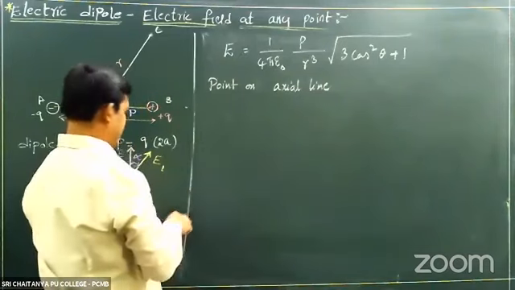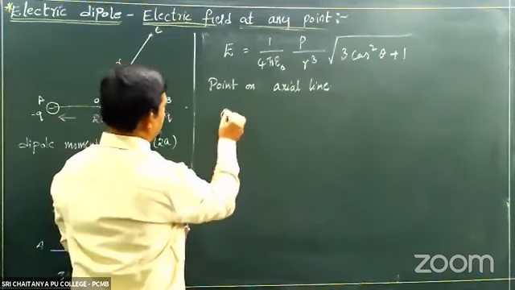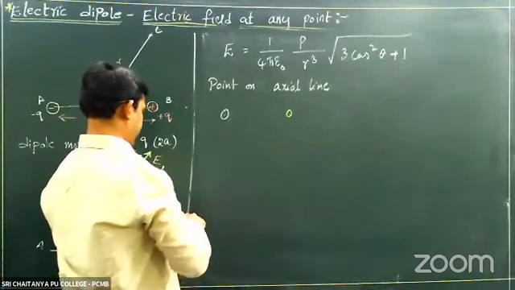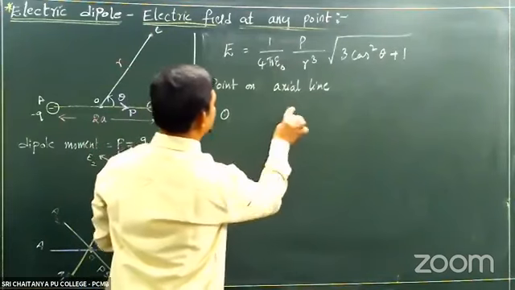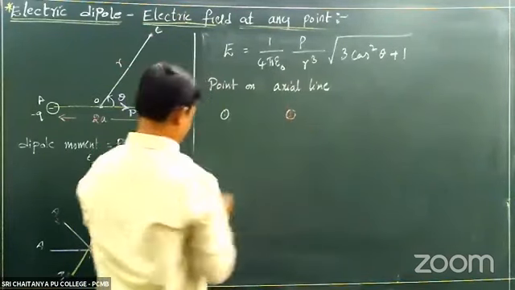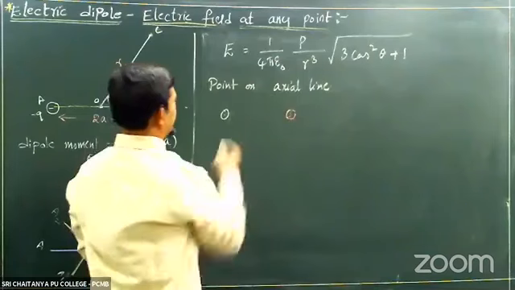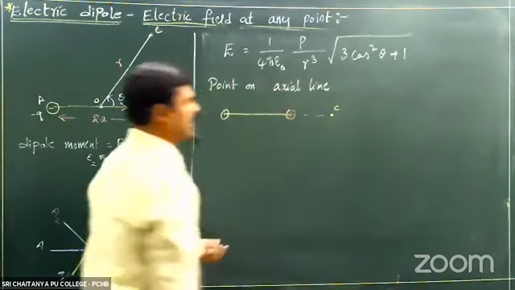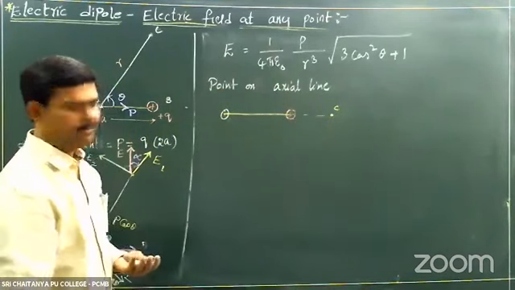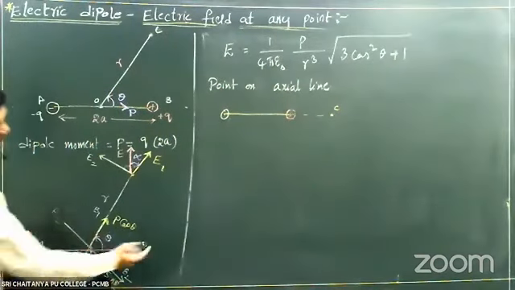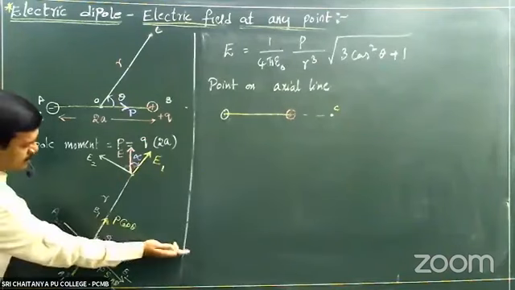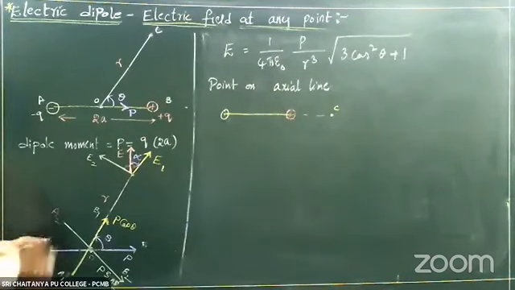See, the point is here. C point is here. If this point is on the axial line here, what is this theta? This line comes like this. Theta is equal to 0.